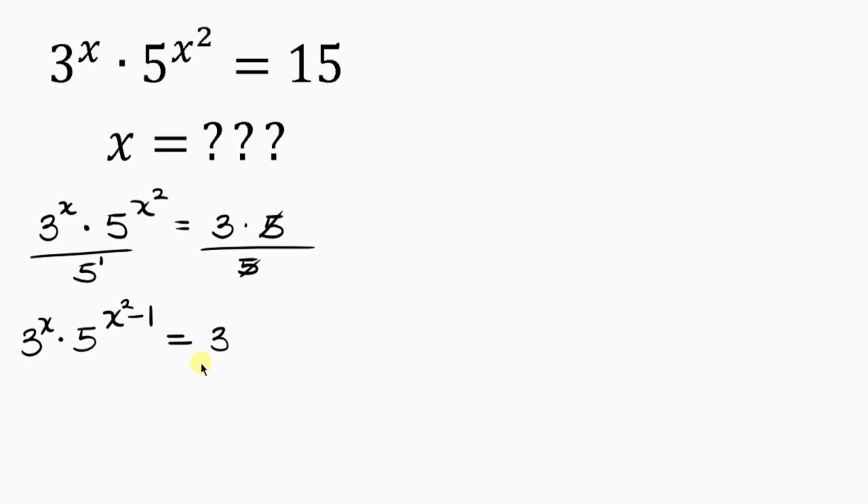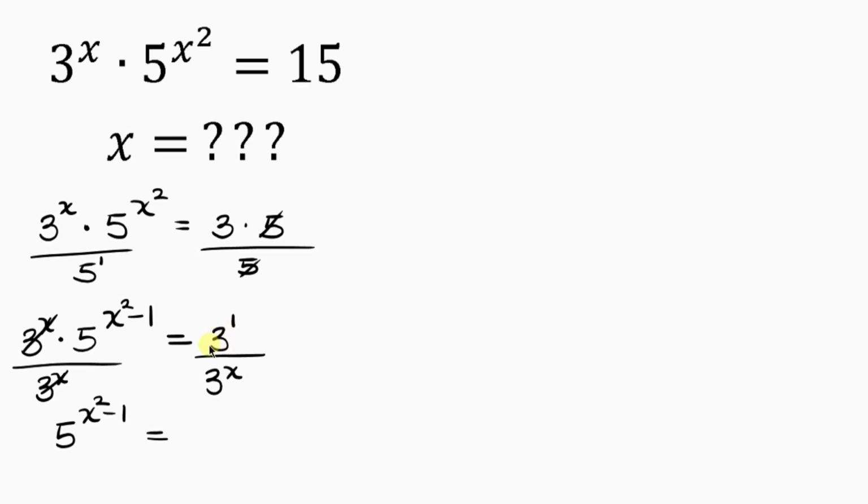Very good. Now our next step will be for us to divide both sides by 3 to the power x. So I'm going to be dividing the left hand side by 3 to the power x. I'll also do the same thing to the right hand side, dividing by 3 to the power x. Now notice that 3 to the power x can cancel off, leaving behind 5 to the power of x squared minus 1 equal to, now like I said the first time when doing the previous step, this 3 is having a power of 1.